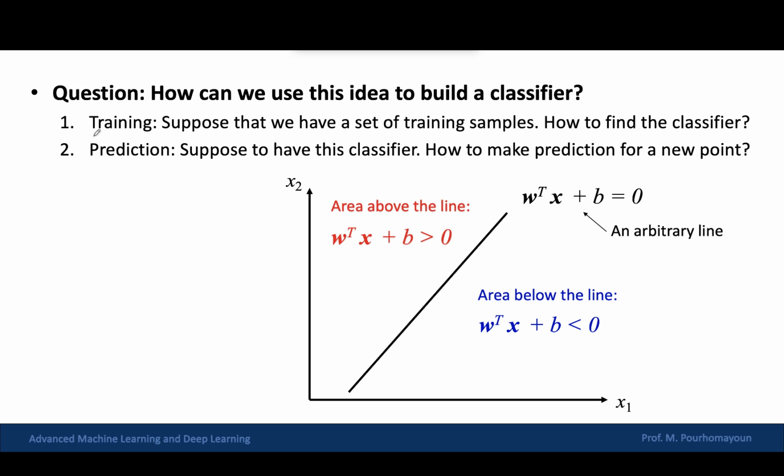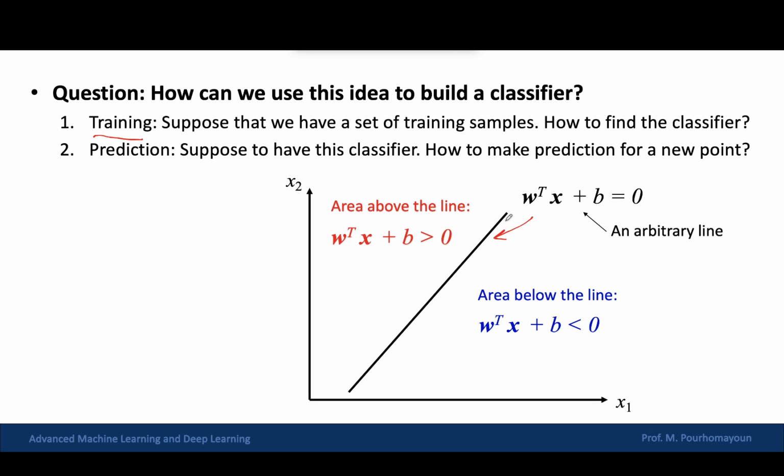How about training? In the training stage, I have a lot of data samples. I want to find this line. This is the idea of training. How can we do that? This is pretty straightforward. I have to find a line.